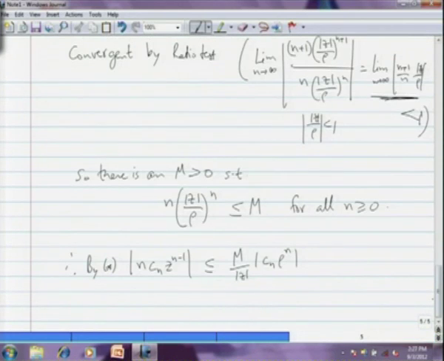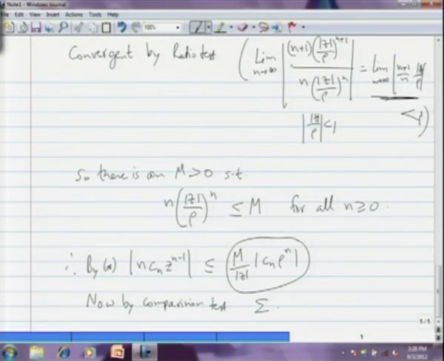Now notice that, comparison test. Firstly, these are nth terms of a convergent series, because rho is within the radius of convergence. Rho is strictly less than capital R, and so m by mod z C n rho power n is absolutely convergent.